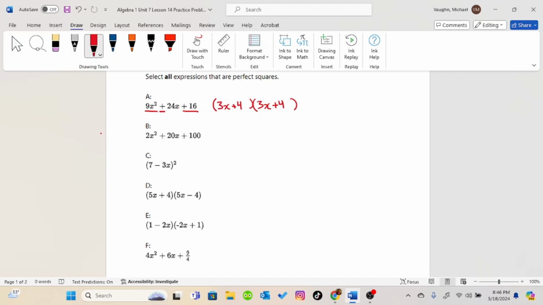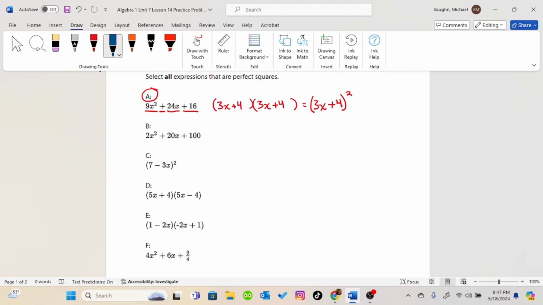Now if we did these together, we would have 3x times 4, which is 12x, and 4 times 3x, which is 12x, and 12x plus 12x would give us the 24x in the middle. So this is a perfect square. It is 3x plus 4 squared. So A is a correct choice.